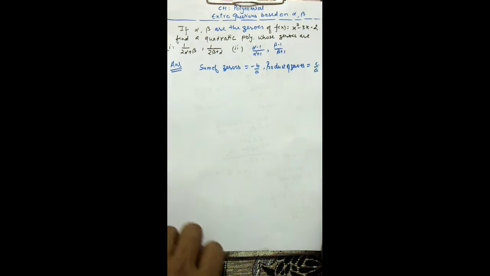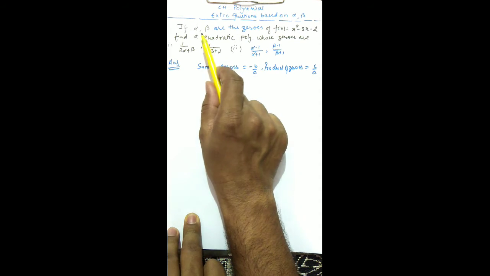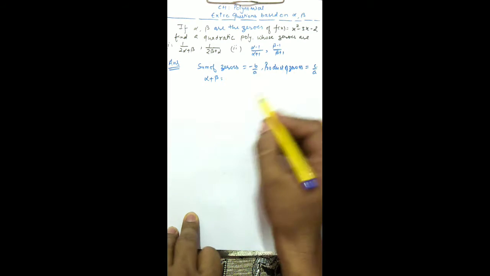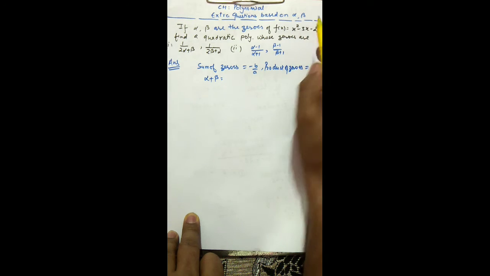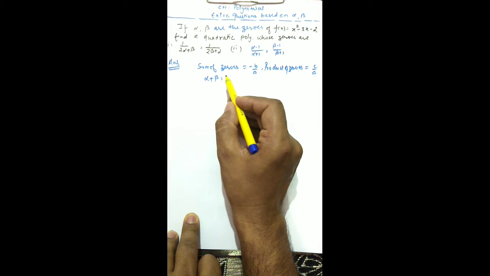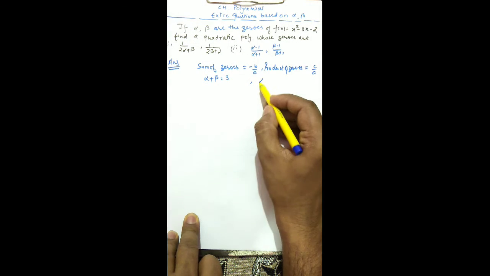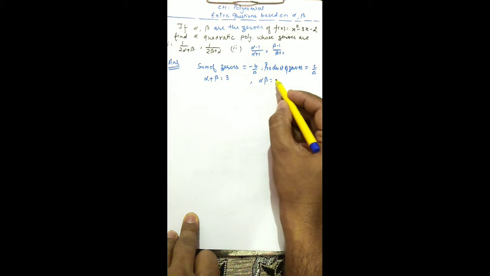Using this basic concept, if alpha and beta are the zeros, then alpha plus beta is the sum of the zeros. The value of b is minus 3, so it becomes plus 3, and 3 upon 1 is 3. And the product alpha into beta is c by a. Here c is minus 2, so this is minus 2. So you have got the values of alpha plus beta and alpha into beta.